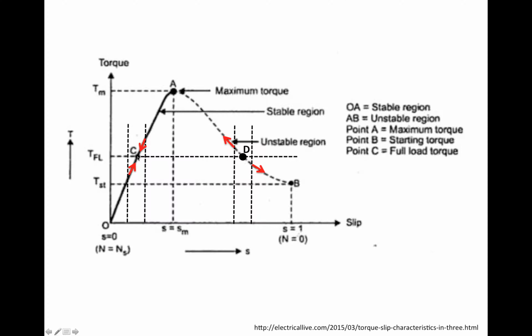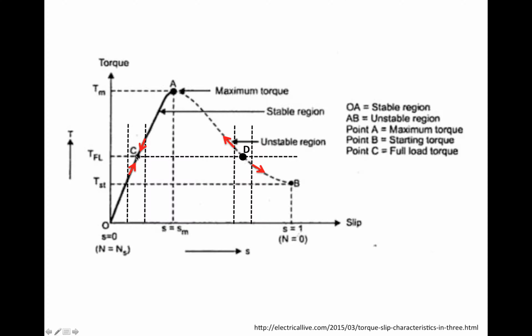One is at location C, which has a slip value you can read off the horizontal axis. The other point is at point D, which also corresponds to a slip value. So there are two slip values that can allow us to reach this particular torque value.